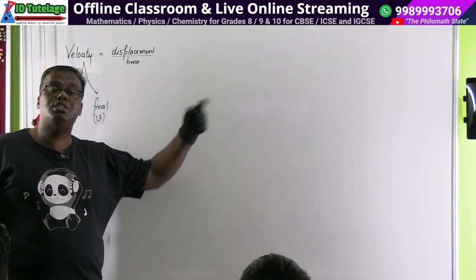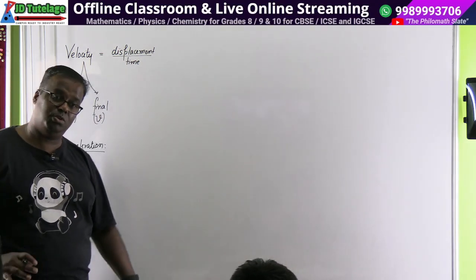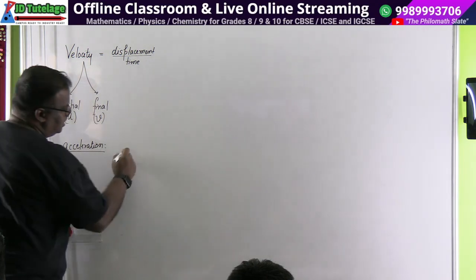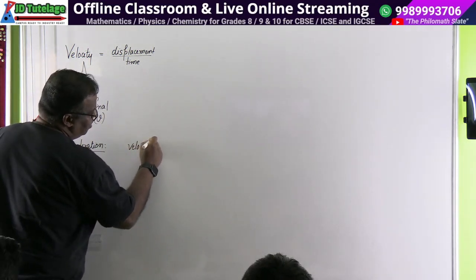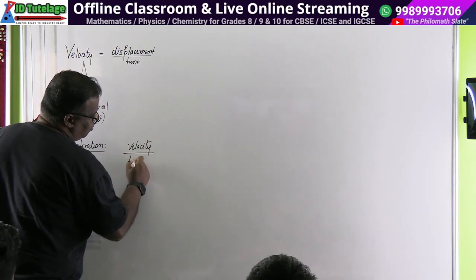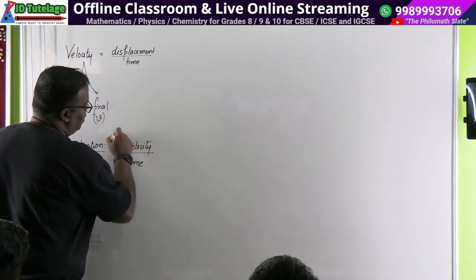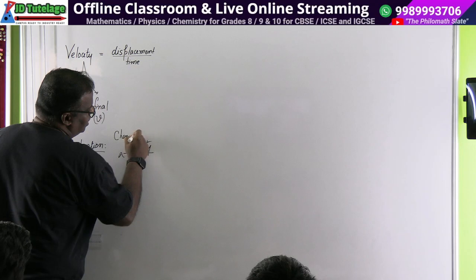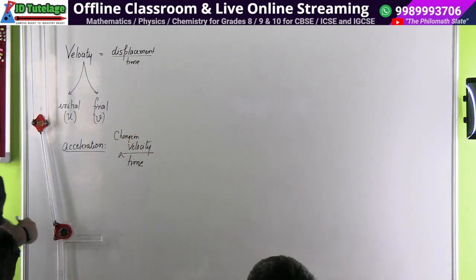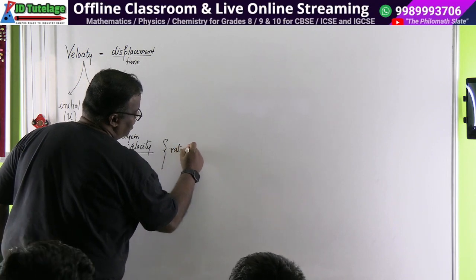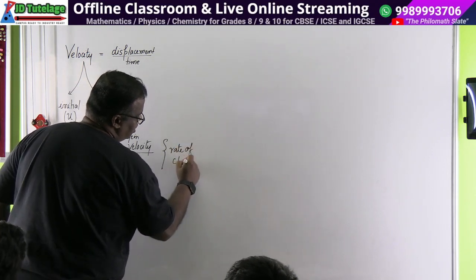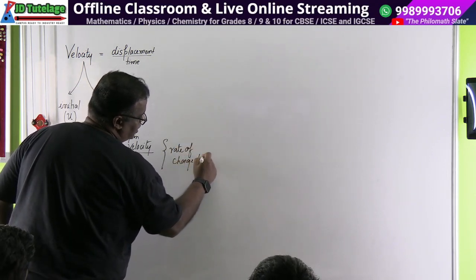How much velocity is changing? Are you getting it? It's all about change. So acceleration is change in velocity over time, and this is also known as rate of change of velocity.